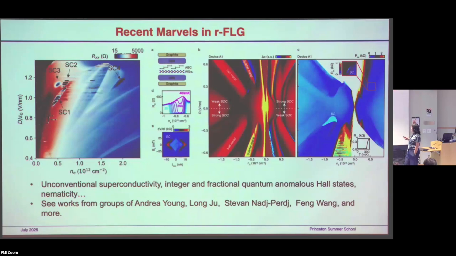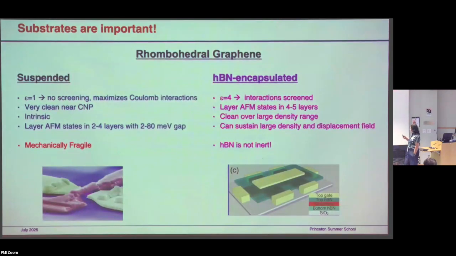What I want to tell you about is suspended samples. We have quite a number of works on ABC stacked graphene, dating back more than 12 years ago. We suspended them back in those days, before the discovery of using hexagonal boron nitride substrates.